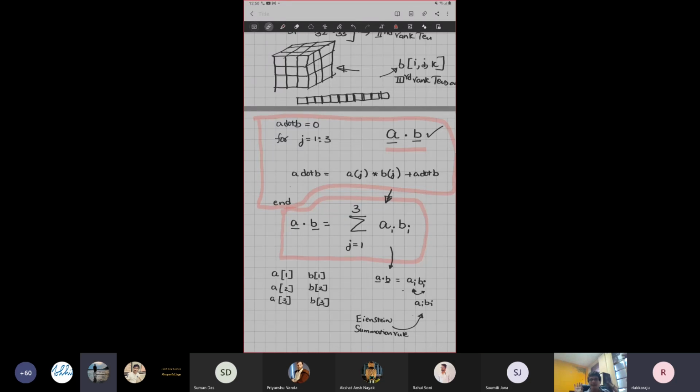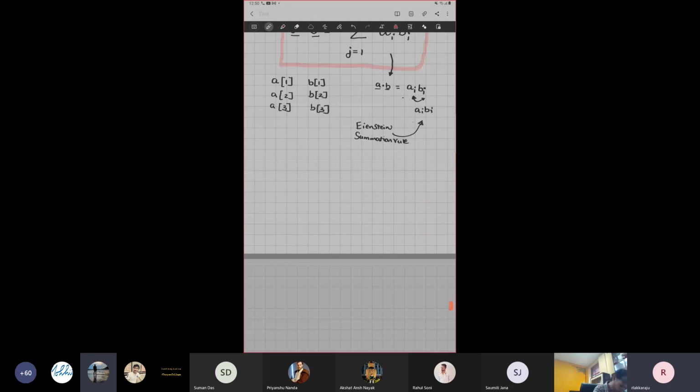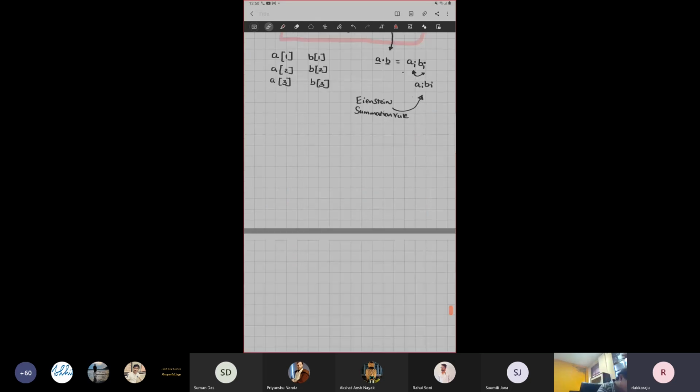If that is clear, now my next question really comes into the picture. Typically, in textbooks or notes and so on, if I am writing A, it means first rank tensor or a vector.